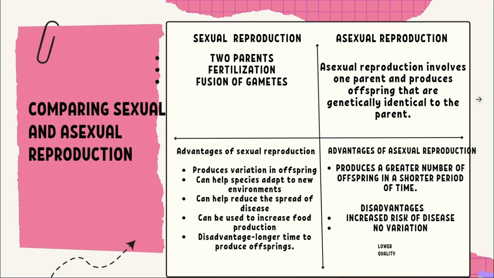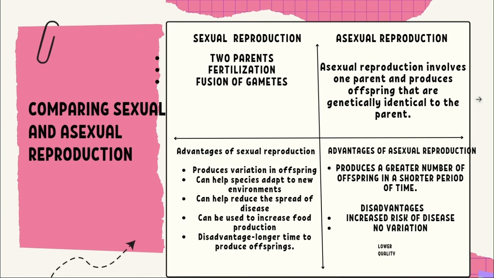So with asexual reproduction, there is no variation at all. That disadvantage for asexual reproduction is actually an advantage to sexual reproduction. In sexual reproduction, they produce offspring that have variation.